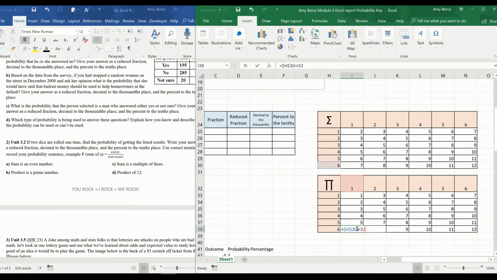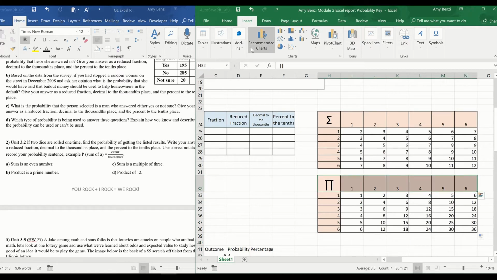Since this one's already all assembled for us, it'll be easy this way. All right, now I am going to ask Excel to apply everything I've done here to the entire chart. If the place where this 12 is turns out to be 36, I know I'm good. All right, there we go.